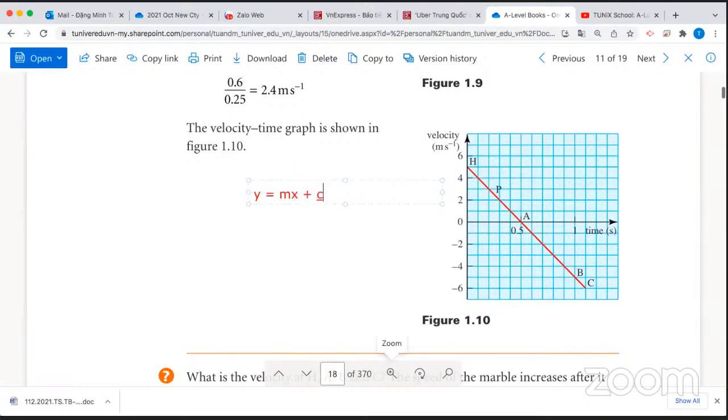So m here is the slope, the gradient. For the velocity-time graph, the gradient is represented by acceleration, right? And in this case, there is also the y-intercept.